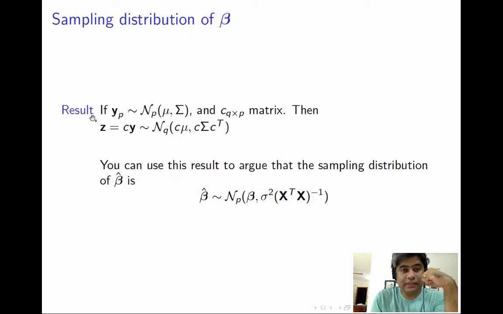This result can be proved in your multivariate statistics class, but we are just going to use it. You can use this result to argue that the sampling distribution of beta hat follows a p-variate normal with mean beta and covariance sigma square (x transpose x) inverse.